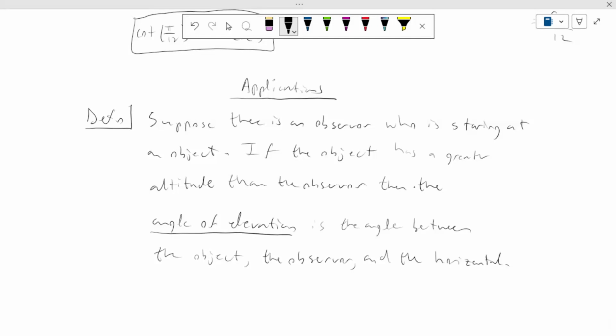What is the horizontal? That would be if the observer was staring straight ahead, he'd be looking at the horizontal, right? The horizontal is basically the same altitude that you have. So just staring into the distance.